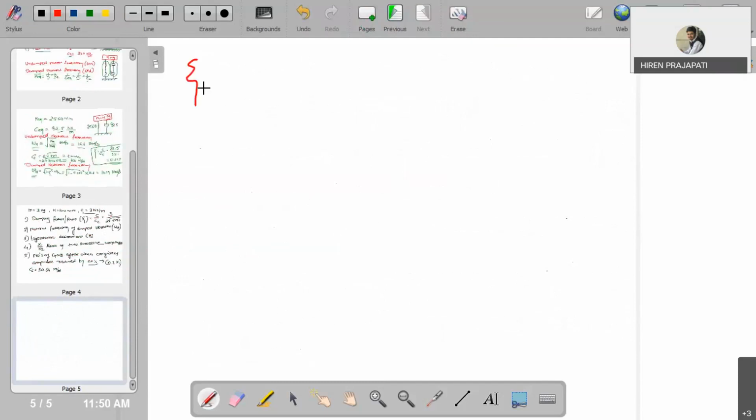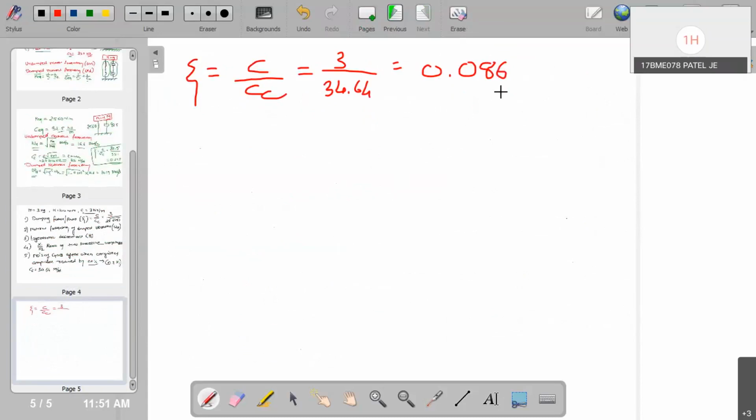So zeta is equal to C by Cc. C is already given, 3 Newton second per meter, and Cc we got 34.64. Then Janish, as per your answer, we are getting 0.086, right?